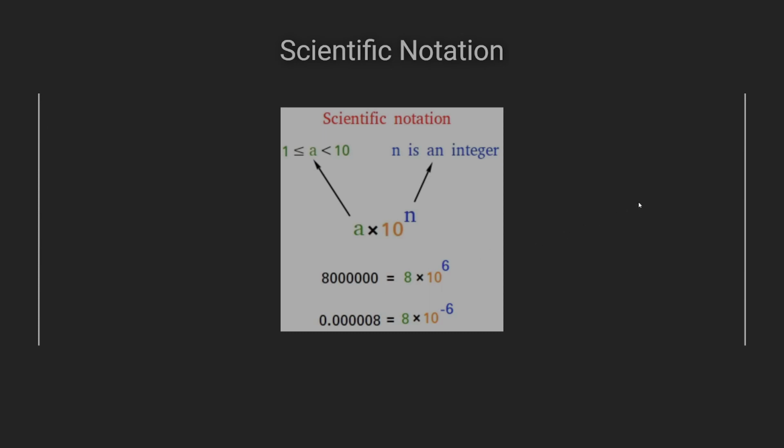And in the other case, we have a negative exponent, negative 6, and we're going to have 0, then a bunch of zeros, and then 8. I don't know if this is thousands, millions, but you get the point. The exponent is going to determine the decimal value, and a is going to be the actual value of that number. So it's a way of compressing extremely big numbers or extremely small numbers.